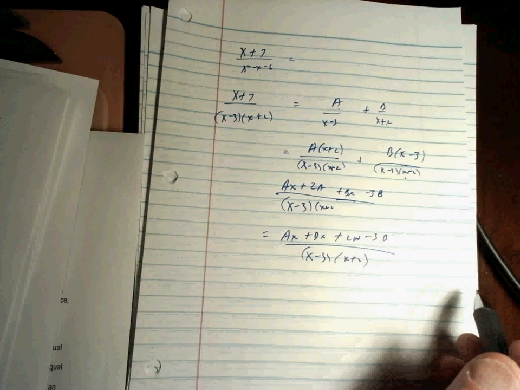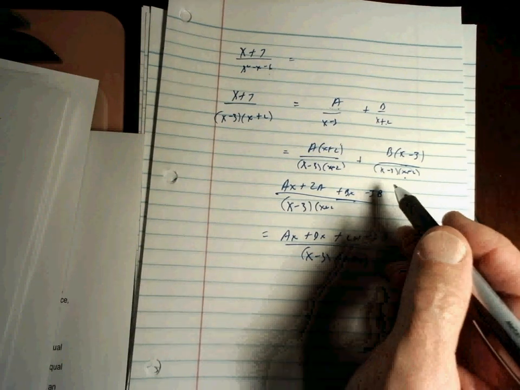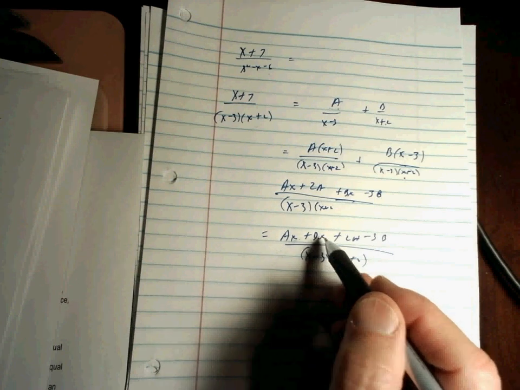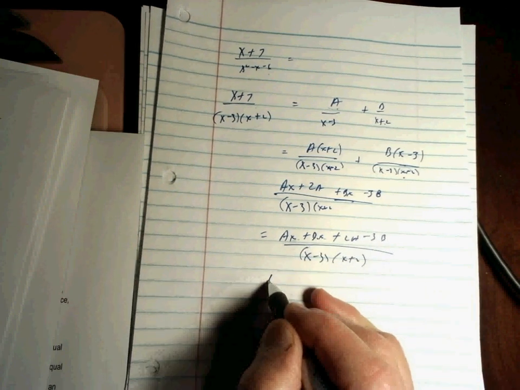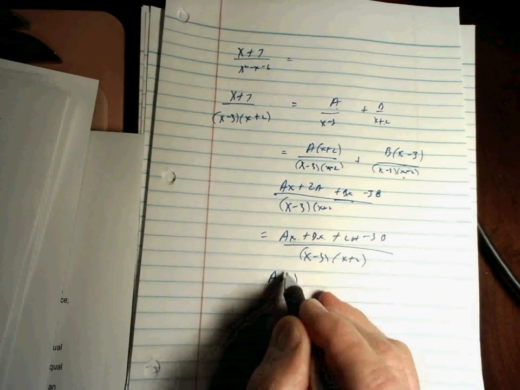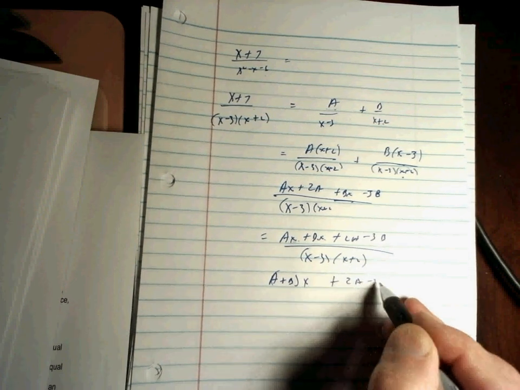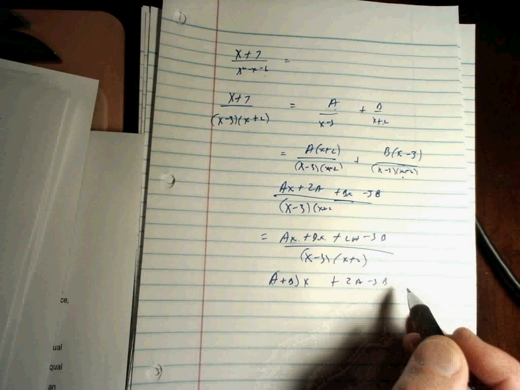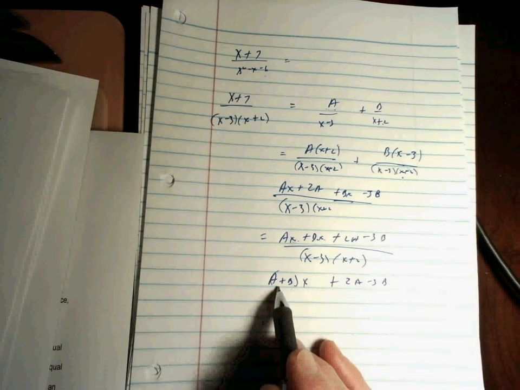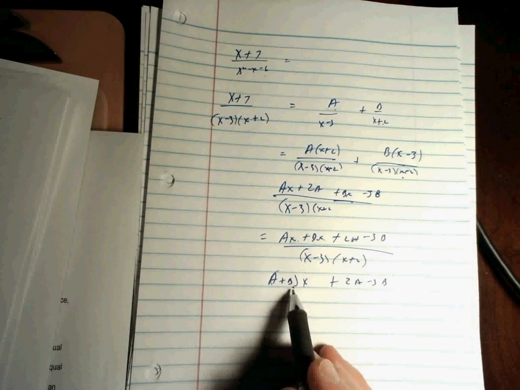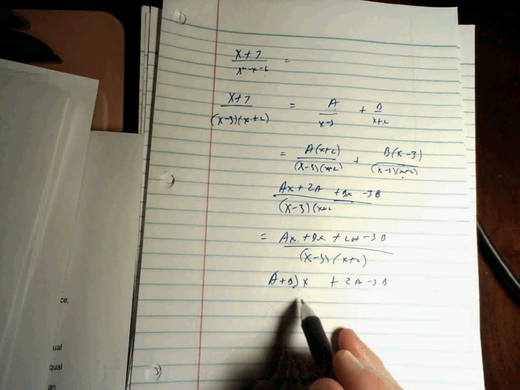Now, looking at this, we also see that adding these components together, we could say a plus b multiplied by x plus 2a minus 3b. Now, a plus b is representing the coefficient of x.